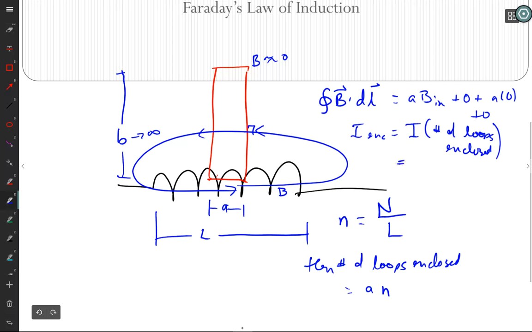And so the current enclosed is equal to I A n. The reason I waited for you to answer on the last one is because for this one, you have to have a solid understanding of what that current is to be able to see how we got there.